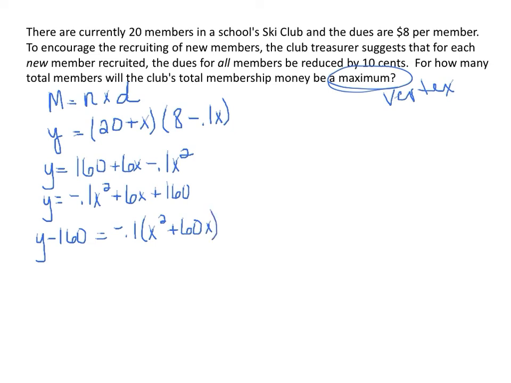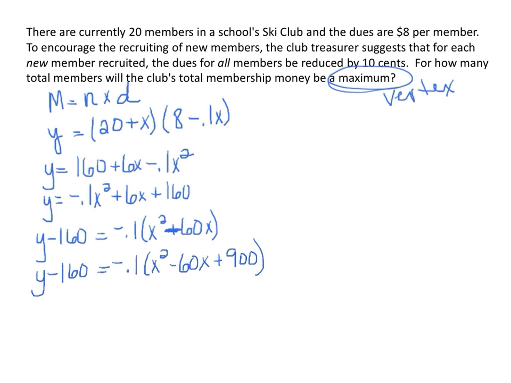You may be wondering how on earth I did that. Remember that you factor out this. So when I factor that out, I do 6 divided by negative 0.1, which actually gives me a negative 60x. I'm sorry, that should be a negative. Now, as I proceed to complete the square, 60 divided by 2 is 30. 30 squared is 900.